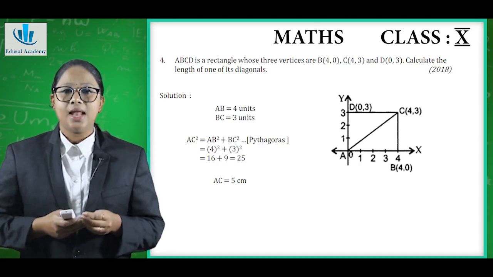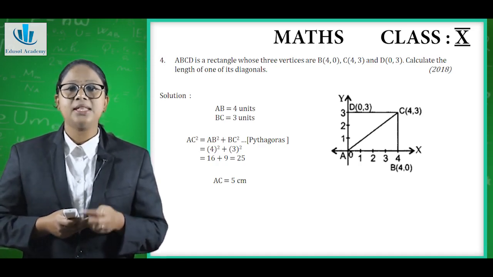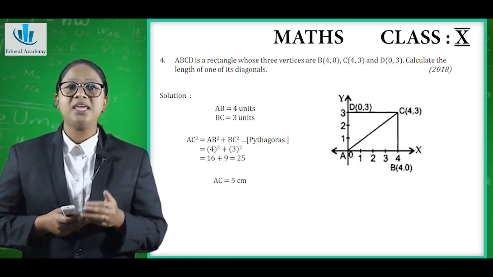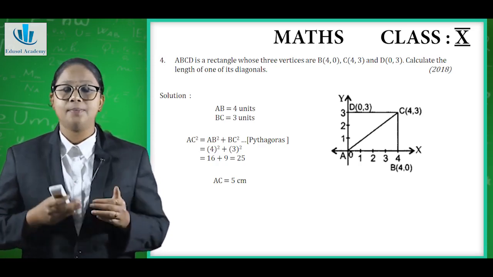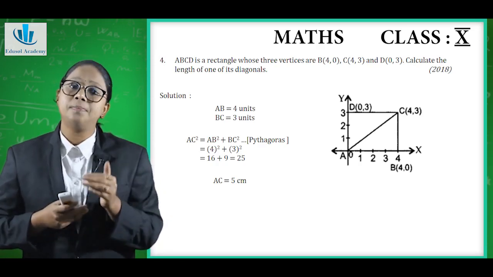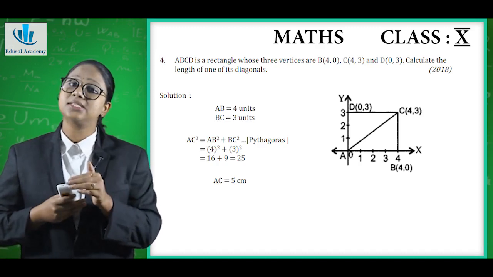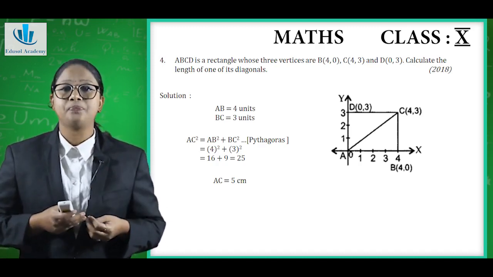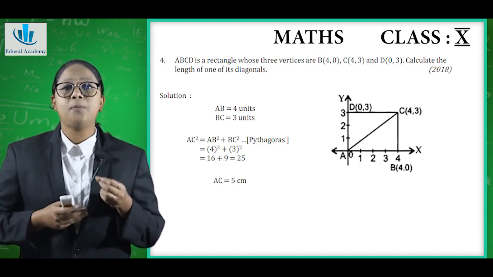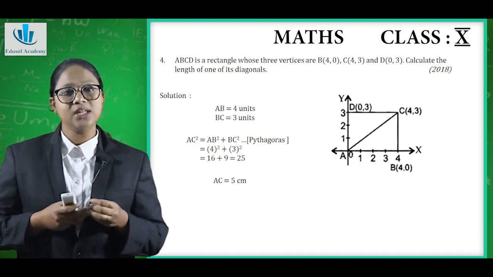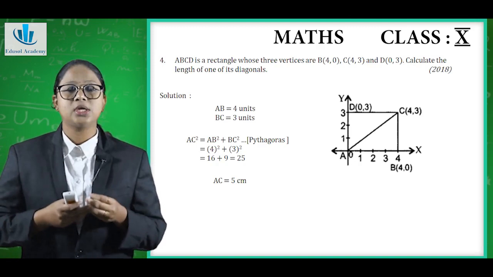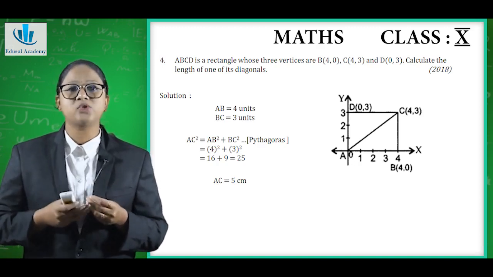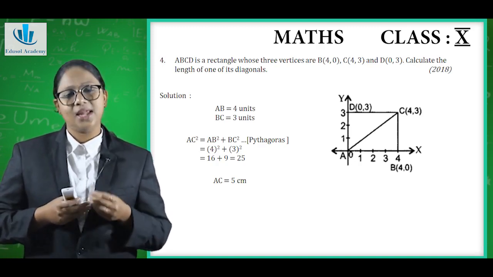Now we can apply Pythagoras theorem in the rectangle. Before that, we can find the side AB. How far is the point B from the y-axis? It's the x coordinate. So AB is 4 units. And how far is the point C from the origin? We can use the equation root of x square plus y square and we will get it as 3 units.